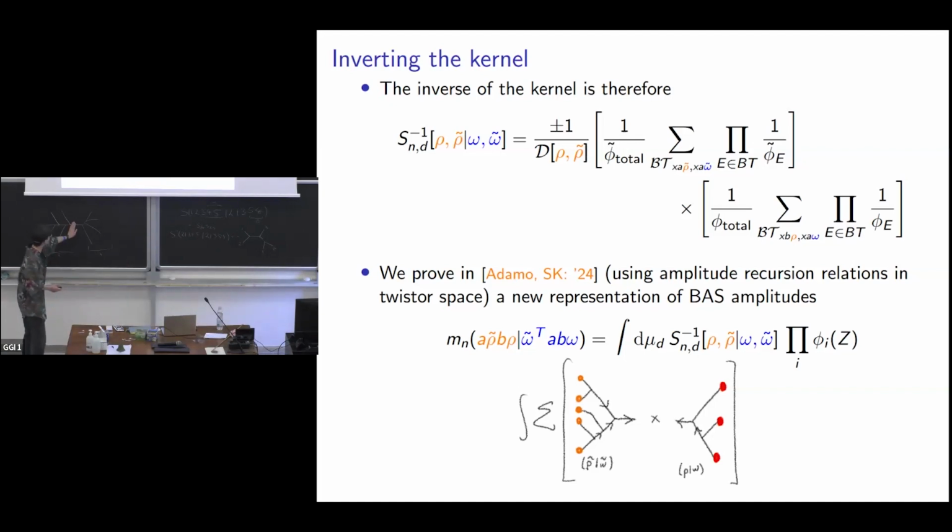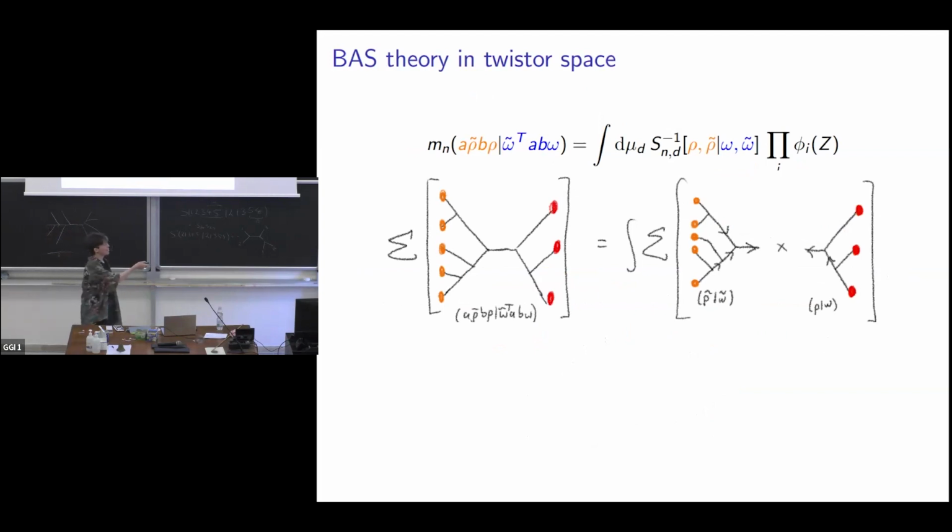So all of these, and there's a single term, so you must have this propagator connecting the positive helicity to the negative helicity. Okay, so you can prove that this holds. This statement isn't really that revolutionary, because basically you have a sum over trees like this, which is equal to the integral over a sum over trees that look the same.